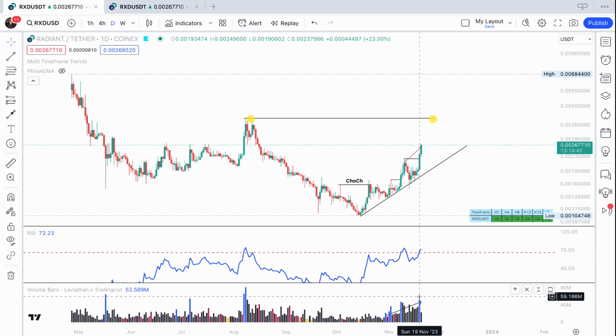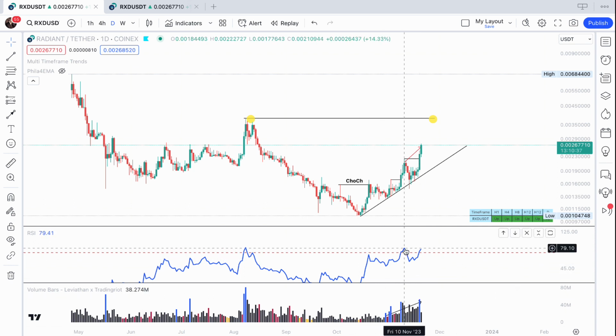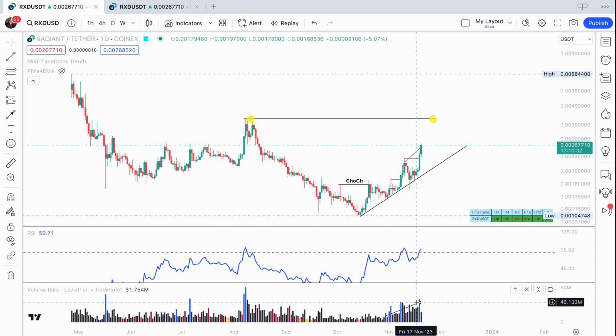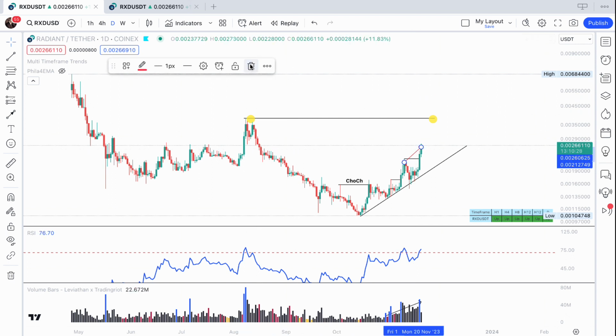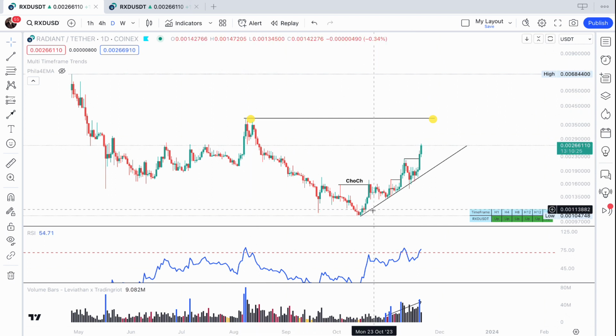So the market structure is bullish. There are no divergences on the momentum indicator and there is no divergence between the volume and price, which tells us that this price action is solid.